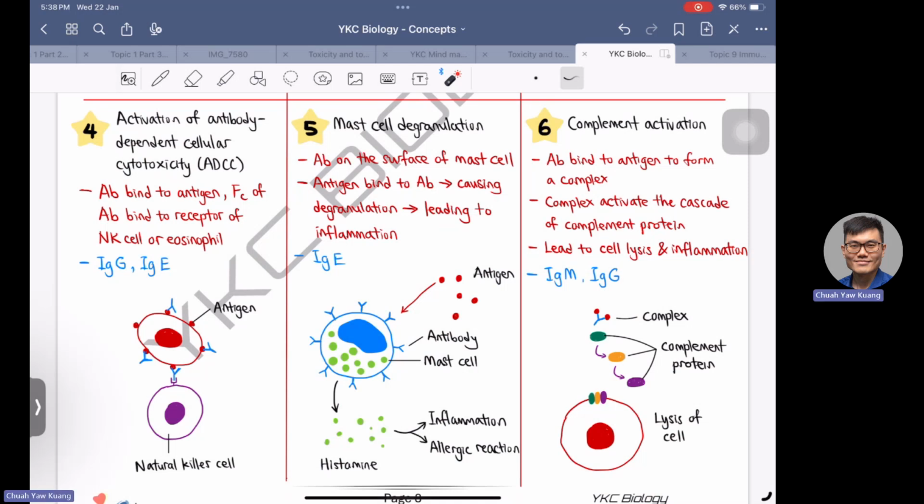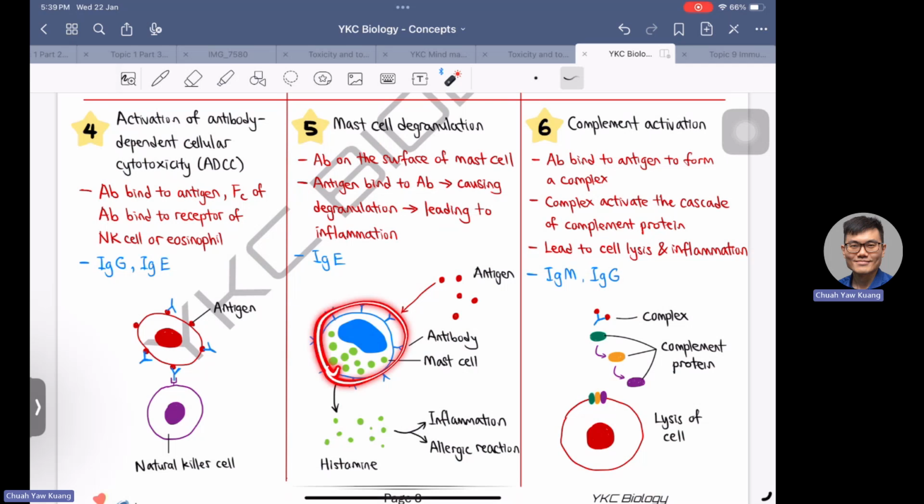Next, we will look at mast cell degranulation. The antibody will sometimes coat the mast cell, and this class of antibody is normally IgE. When IgE coats the mast cell, this process is called sensitization.